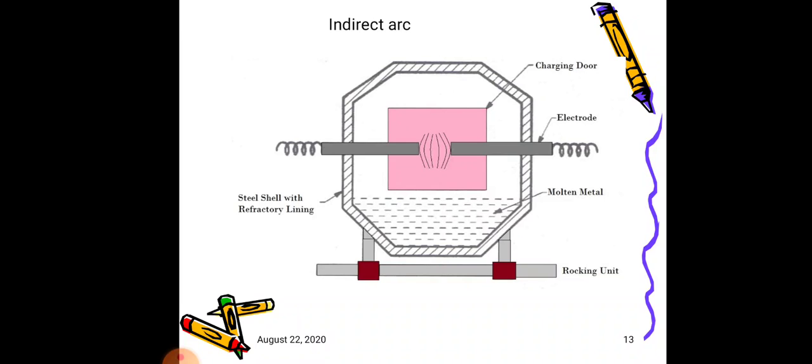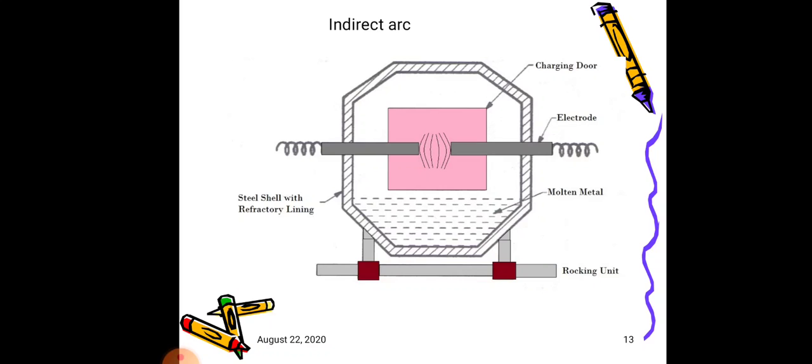So in this diagram we can see that there are two electrodes placed which can be moved automatically or manually. In this type of furnace, since no current passes through the body of the charge, there is no inherent stirring action due to electromagnetic forces set up by the current.